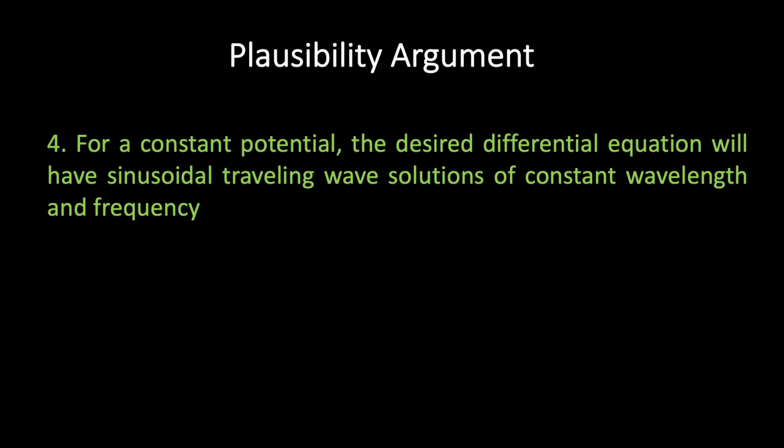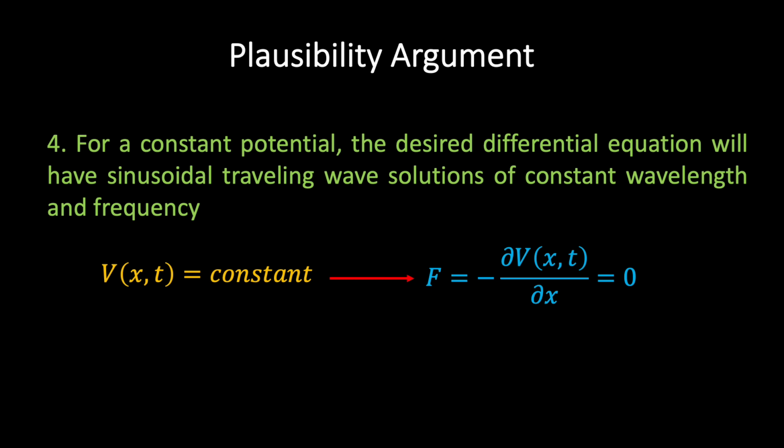And the final assumption is that when the potential energy is constant, the desired differential equation should have a sinusoidal travelling wave solution of constant wavelength and frequency. This follows from the fact that if the potential energy is constant, then the force acting on the particle moving in this potential will be equal to zero, since the force is equal to the derivative of the potential energy function.